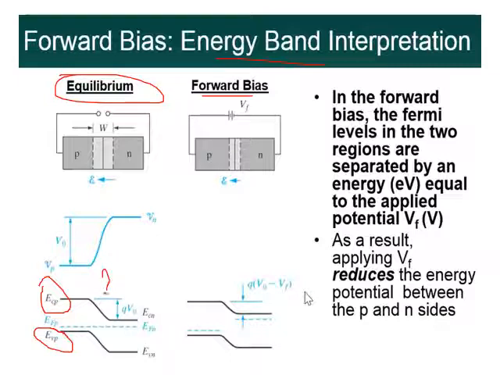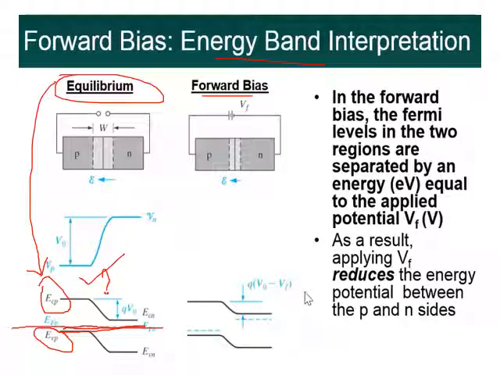We had some rules, right? And one of the main rules was that this Fermi energy level should not be bent, neither should it be discontinued, it should always be a continuous straight line, right? So from that concept I have directly taken this. In equilibrium we will have this, right?